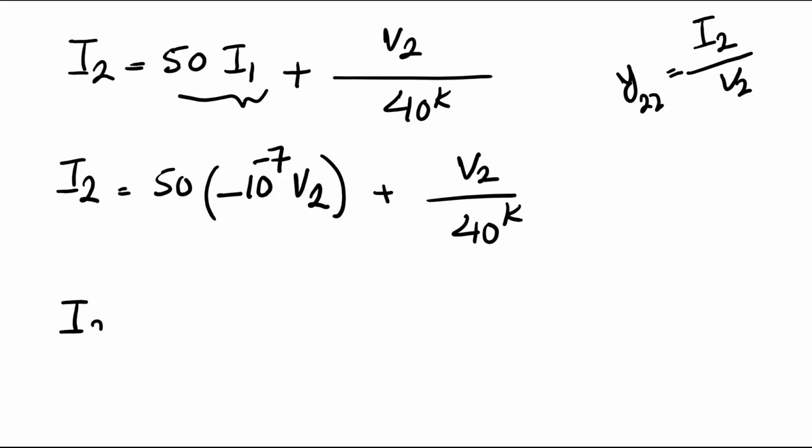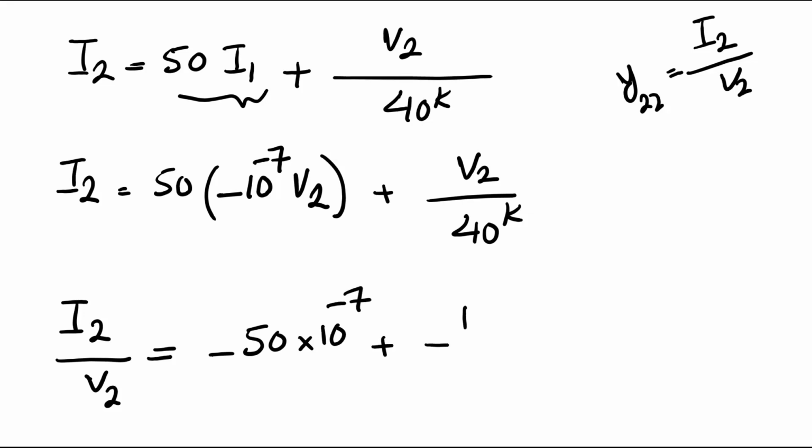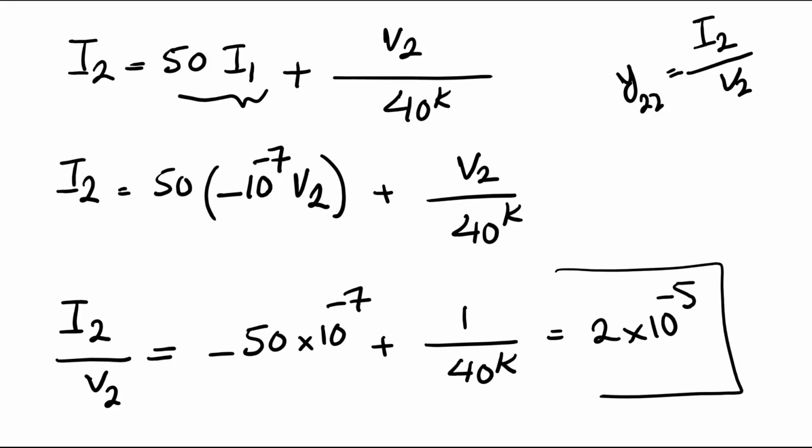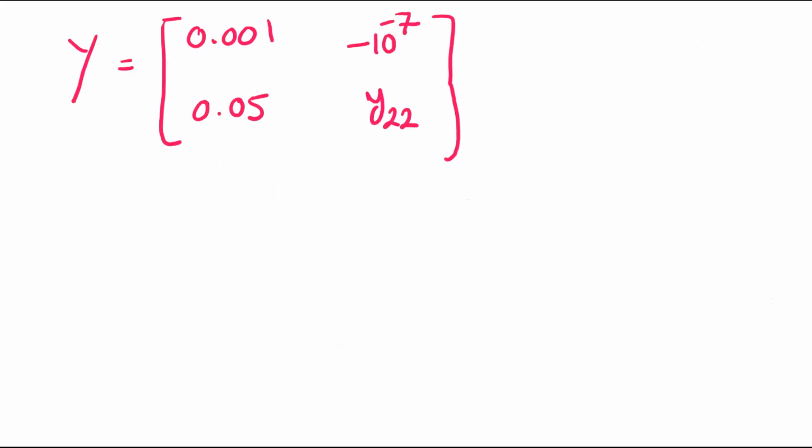So it means that I2 over V2 is equal to minus 50 multiplied by 10 to minus 7 plus 1 over 40k. If you simplify this number, you're going to have 2 multiplied by 10 to minus 5 as the final answer for y22. So I can complete my Y matrix here, and I'm going to have 2 multiplied by 10 to minus 5 here.